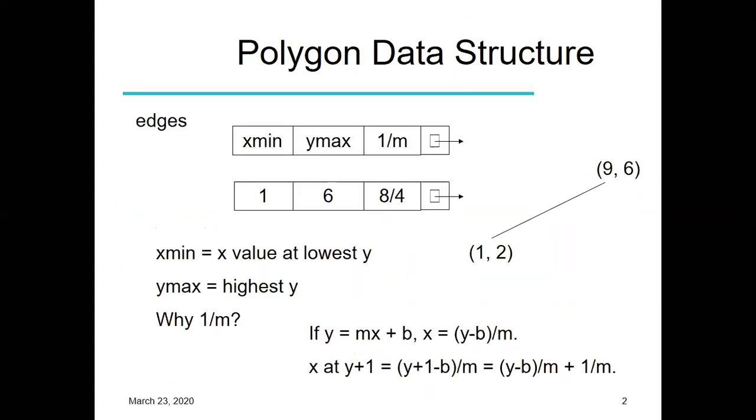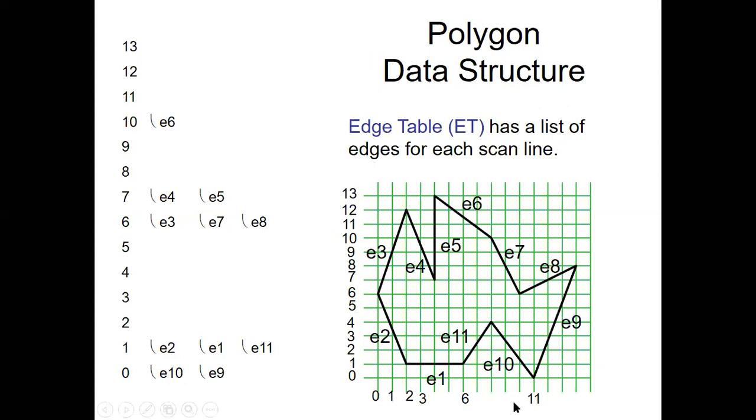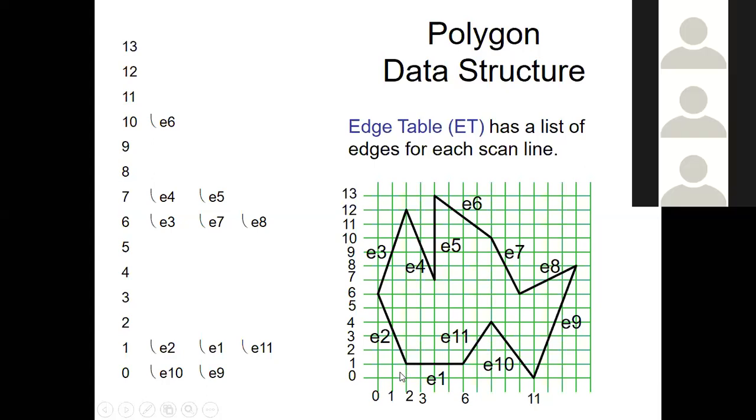As you see, every edge has a starting point and an end point, right? For example, edge E1 has starting point, can you tell me this coordinate? This is 2, 1, and edge 1 ends at 6, 1.